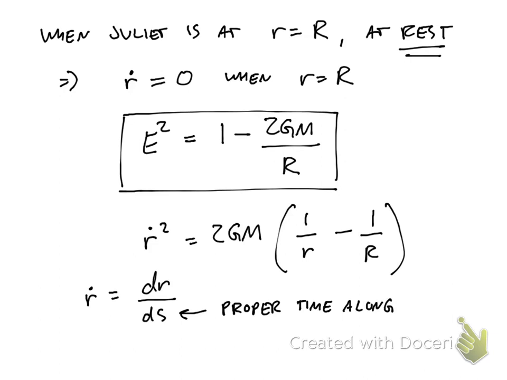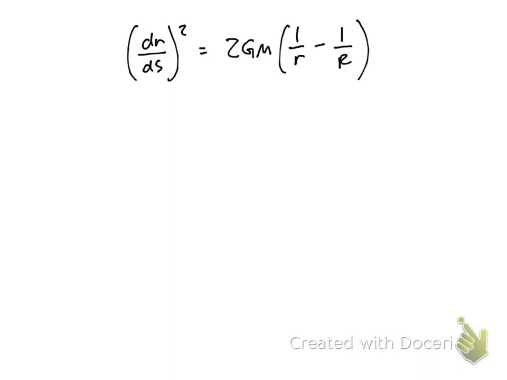That is the meaning of this so-called affine parametrization, which we've discussed many times in this course so far. So s is the proper time along the geodesic. If we know what dr/ds is, we can integrate that to find what s is as a function of r. So just to go through the steps very painfully, we have that (dr/ds) squared equals 2GM times (1 over little r minus 1 over big R).